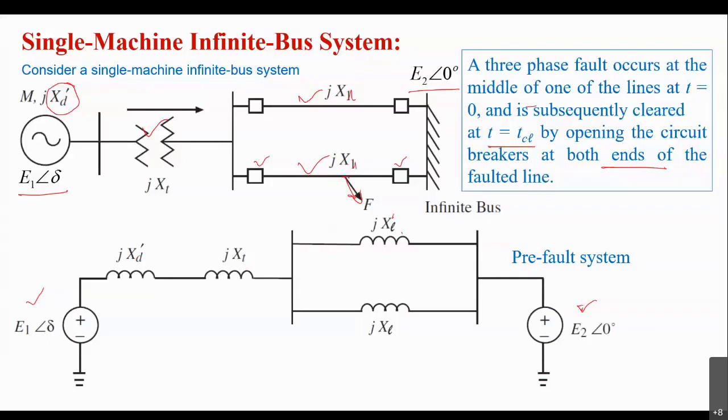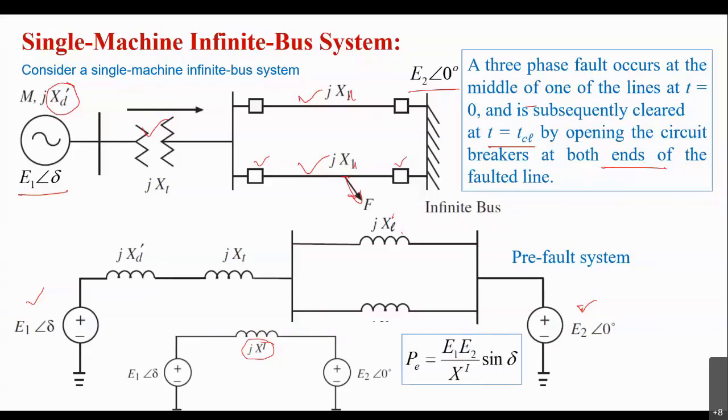Just by adding, we find the equivalent reactance xi for the pre-fault system. So we can find the electrical power output. The expression will be P = E1 E2 / xi sine delta. This is a very simple expression.